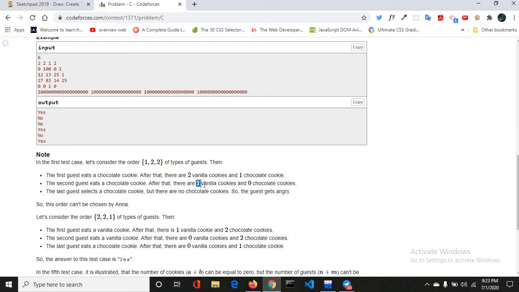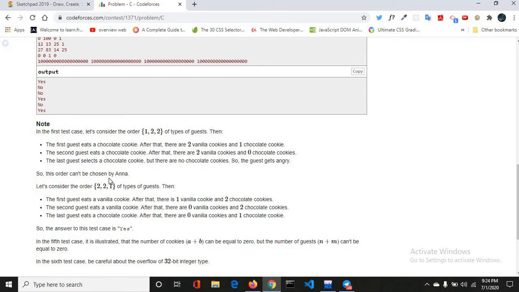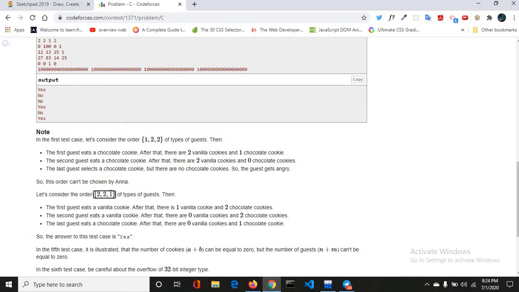So we remain with 2 vanilla cookies and 0 chocolate cookies. There still remains 1 guest. As the vanilla cookie count is still greater than the chocolate cookie count, and the second guest has no cookie to choose from, he gets angry. So the best case to be considered is 2 to 1.